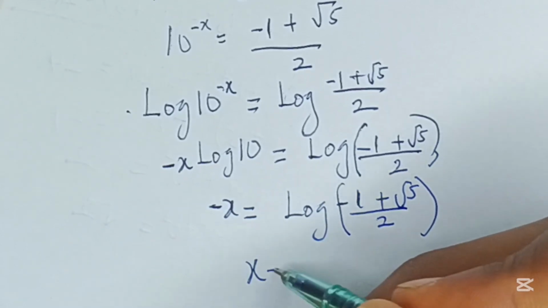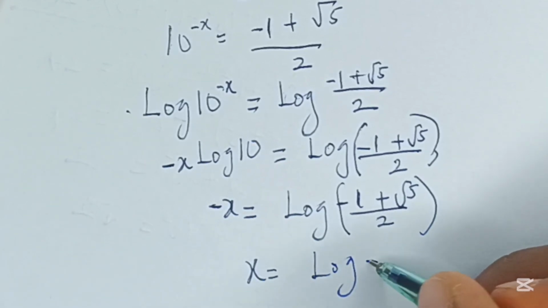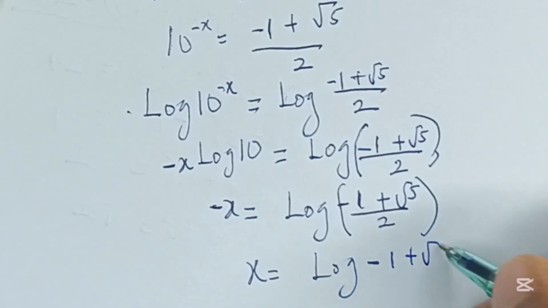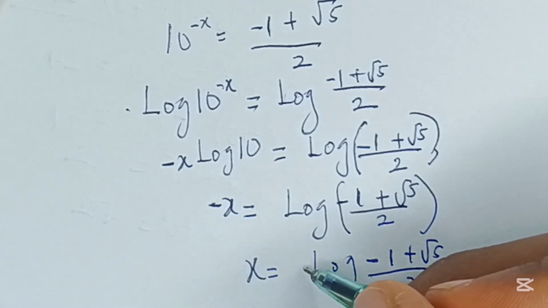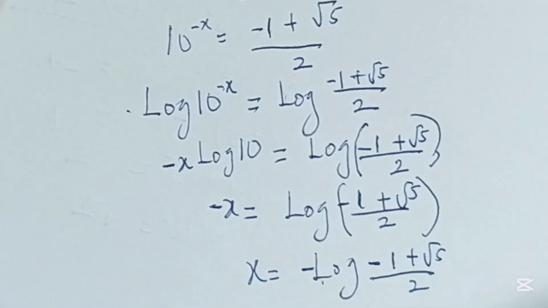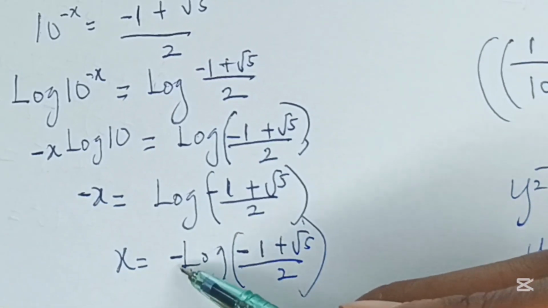And then x will now be equal to log of minus 1 plus root 5 over 2 times minus 1. So this is minus log of 1 plus root 5 over 2 is what x is.